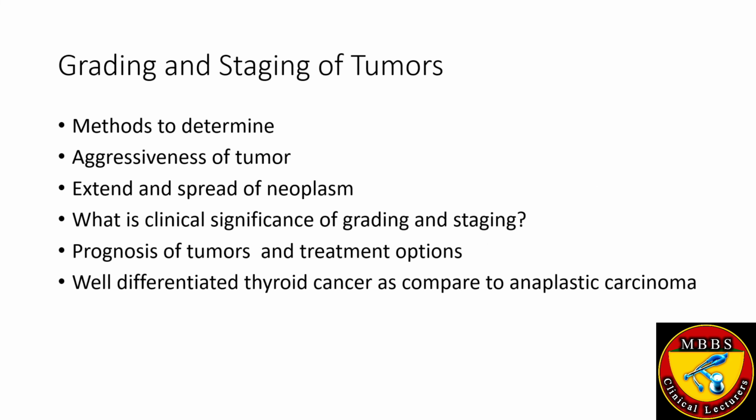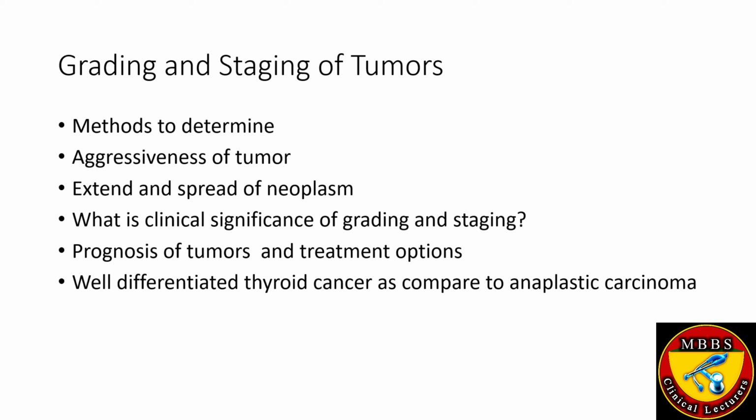Grading and staging of the tumor are basically important parameters, or we can say these are methods which are needed by the histopathologist, clinician, surgeons or oncologists. With the help of these methods, these clinicians determine the aggressiveness of the given tumors and know about the extent and spread in the patient diagnosed with a particular tumor.